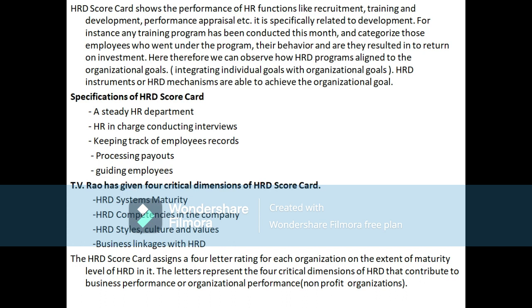The HRD scorecard assigns a 4-letter rating for each organization on the extent of maturity level of HRD in it. The letters represent the 4 critical dimensions of HRD that contribute to business performance or organizational performance. This means the rating is like A plus, B, C, D up to F. The rating will be given depending upon the level of performance of the particular organization.